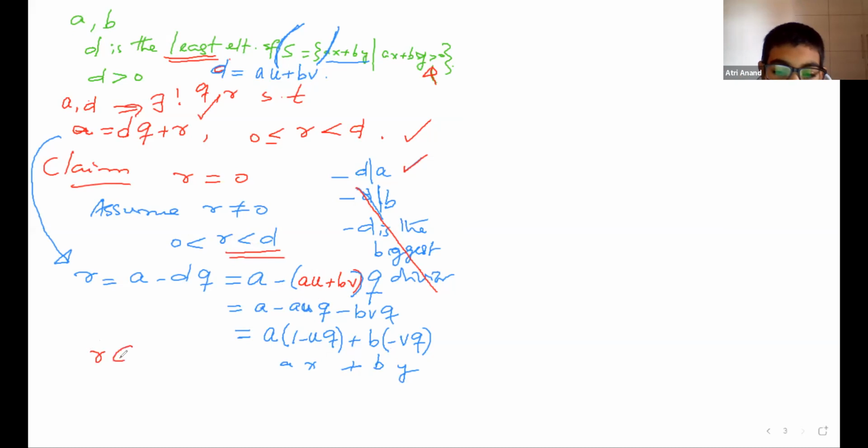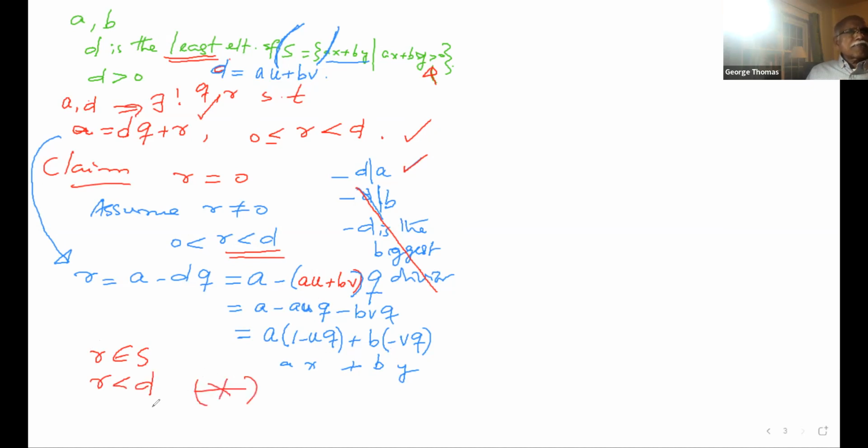Oh, the exact same contradiction we got in the division theorem. R is less than D. Contradiction. We used the division theorem here.